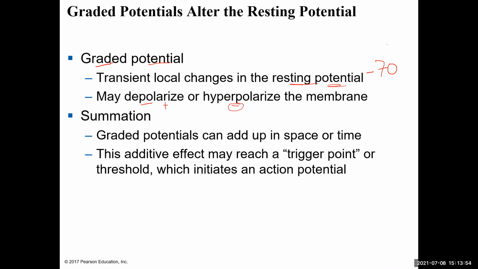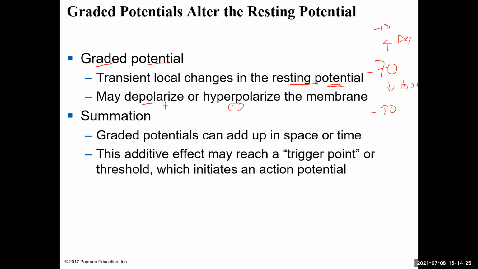So if it depolarizes, it increases in membrane potential. Maybe it goes from minus 70 to, let's say, minus 10. If it's hyperpolarized, then maybe it goes from minus 70 to minus 90. So it becomes more negative. That's hyperpolarized, and positive is depolarized.